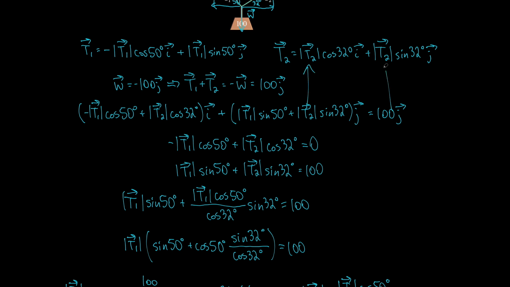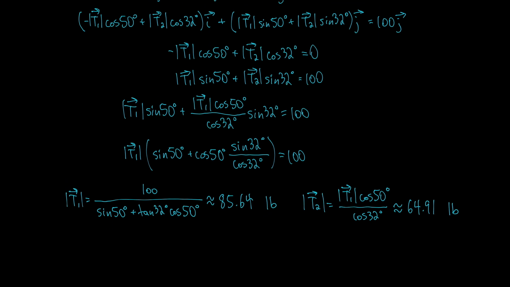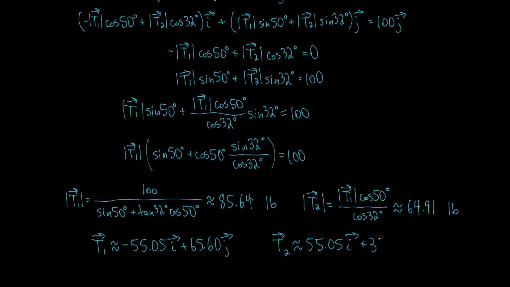And similarly, we can plug in for t2, and we'll see what those are. So doing that, we get that vector t1 is approximately minus 55.05i plus 65.60j, and then vector t2 is about 55.05i plus 34.40j.